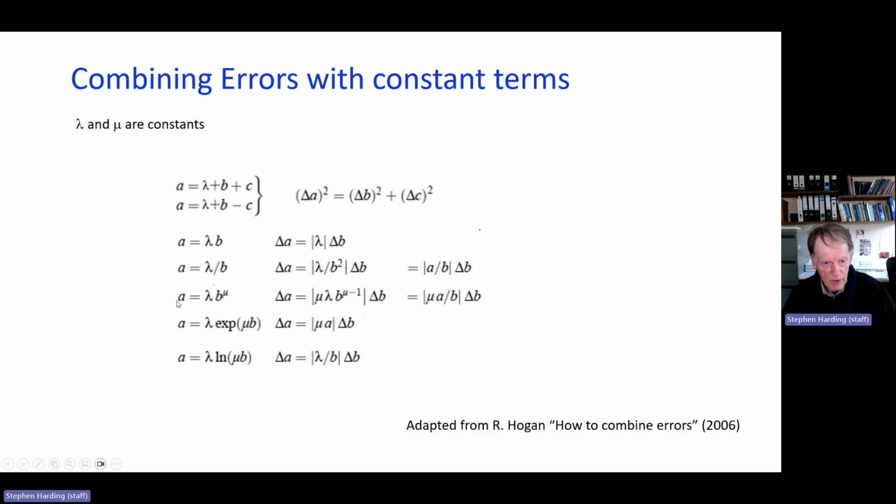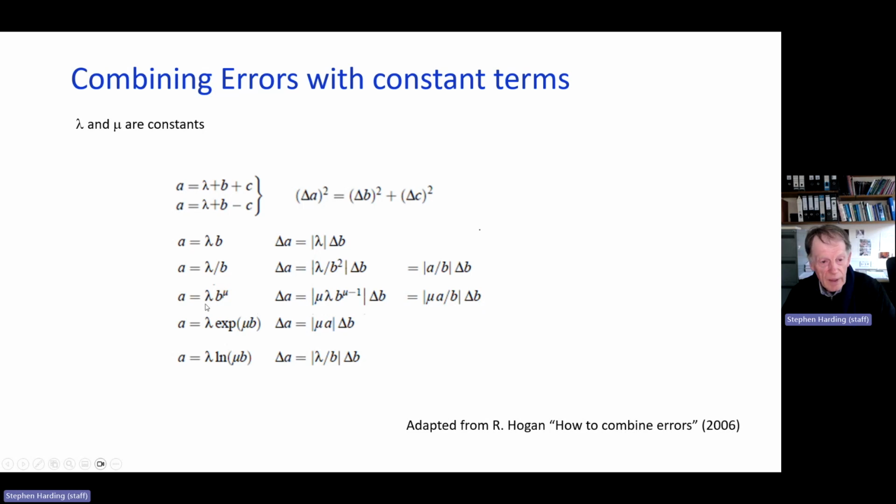So A would be the volume, B is the radius, lambda is 4/3 times pi, the constant, and mu is another constant. In this case, it's the power of 3. So this would be the formula which corresponds to the volume calculation. And this is the error described here, and it's a simplification of that equation over here.